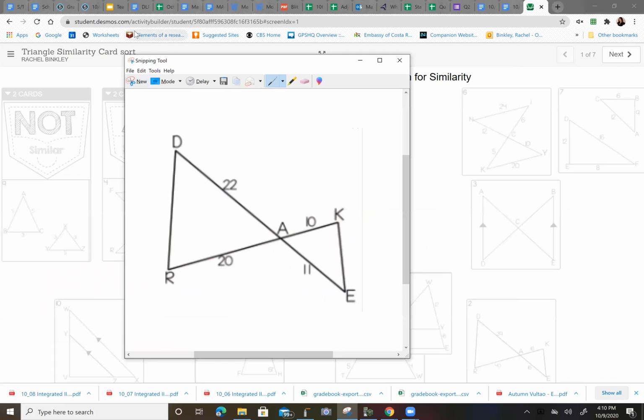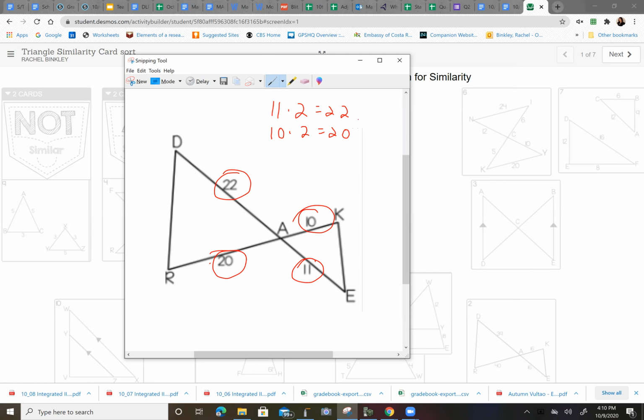Okay. So this is side angle side. I can pretty easily see that 11 times 2 is going to be 22, and that 10 times 2 is going to be 20. So I have a scale factor of 2. But that's only two sides, and it's not giving me a third side. I don't know what it is.